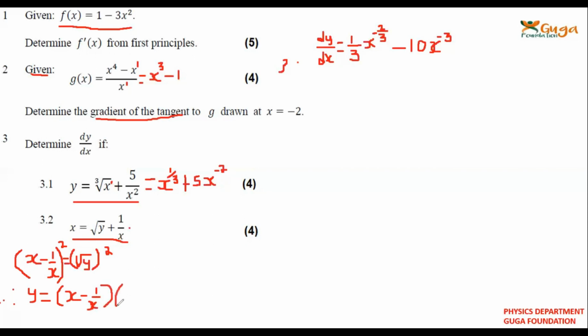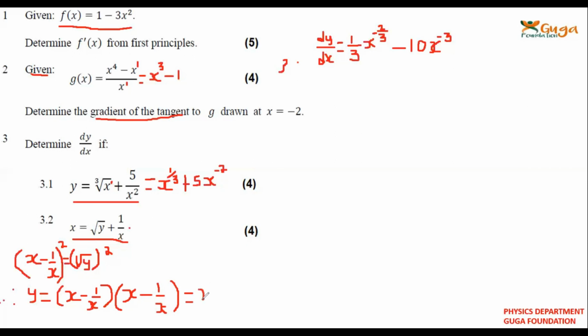Which I can write as x minus 1 over x, times x minus 1 over x, right? Yeah. So x multiplied by x, that's equivalent to x squared.